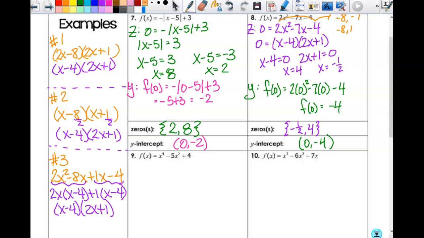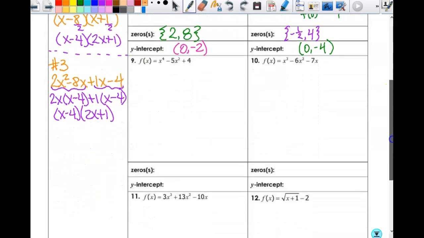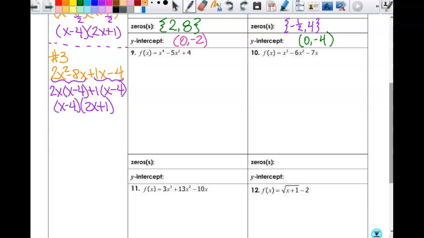All right, we're going to do number 9 together, then I'm going to let you do some on your own. So we're going to 0 equals x to the 4th minus 5x squared plus 4. Now this is x to the 4th. Should I freak out? Oh, should never freak out.